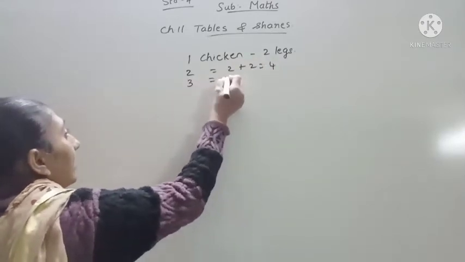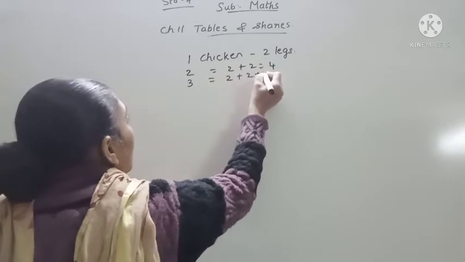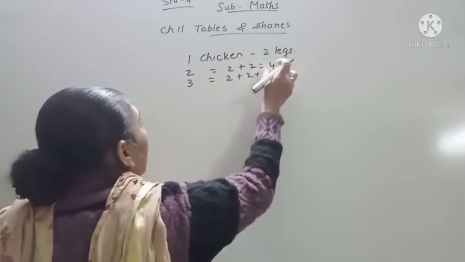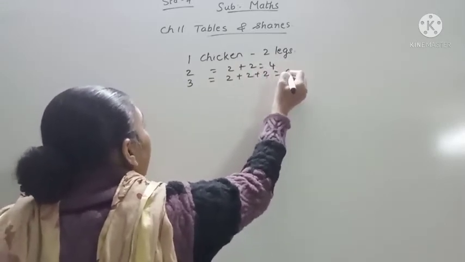So if 2 are there, 2 plus 2 is equal to 4. If 3 are there, 2 plus 2 plus 2 is equal to 6.